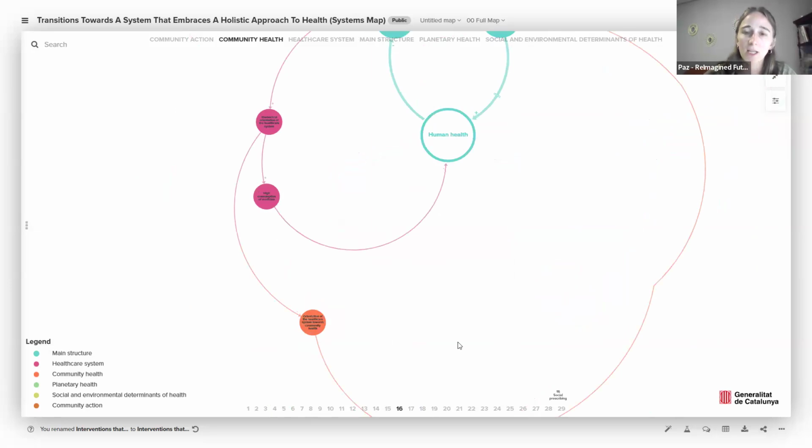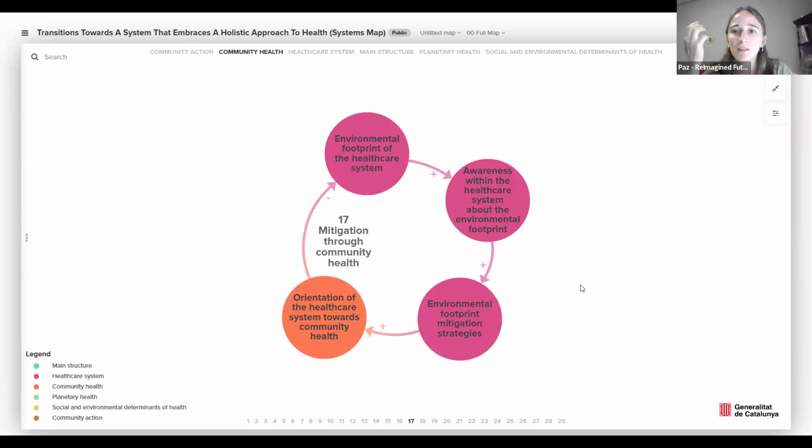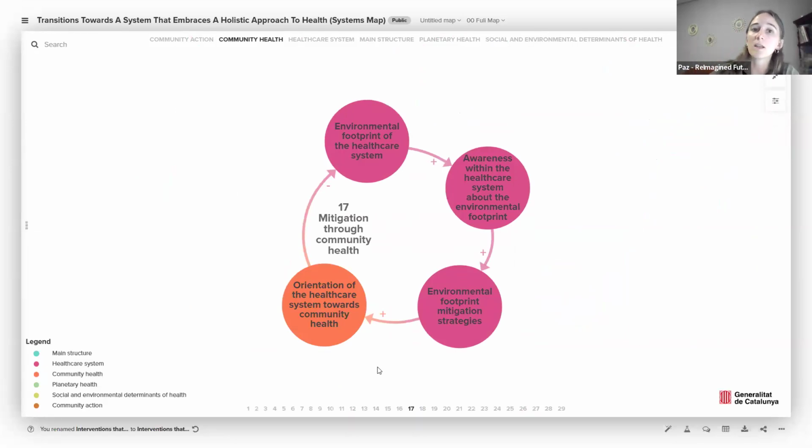Then loop 17 is an important dimension: when the orientation of the healthcare system is towards community health, it decreases the environmental footprint. Why? Because it uses fewer resources and less energy, since it has a more health-promoting focus rather than treating diseases.